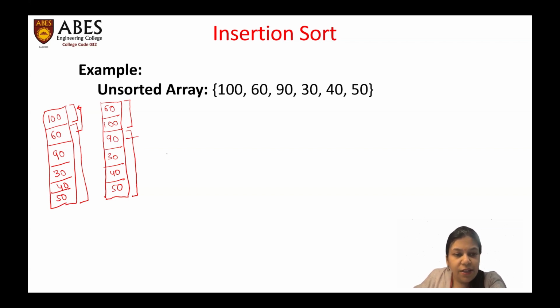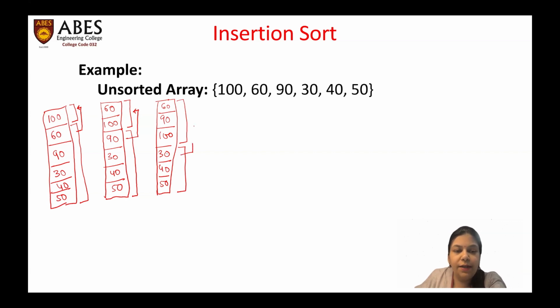In the next iteration, again, we have to take one element and place it at its appropriate position in the sorted part of the array. So after this iteration, the array will look like 60, 90, 100, 30, 40, and 50. The first three elements are now sorted and the rest are part of the unsorted array.